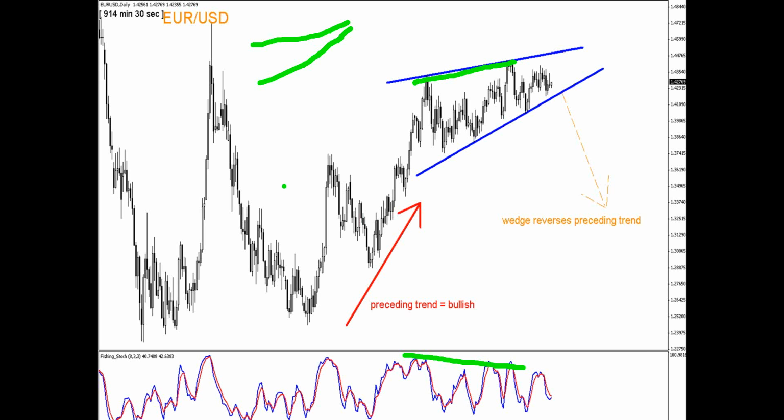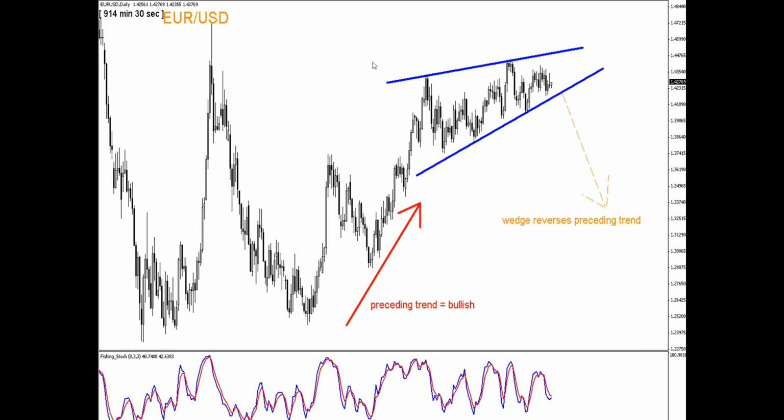So this is a very common pattern, and that can be traded after the breakout of a lower trend line. This pattern is characterized by this shape. This is characteristic of a wedge. Trend lines are longer. The lower trend line is important because we want to see a breakout to the downside.